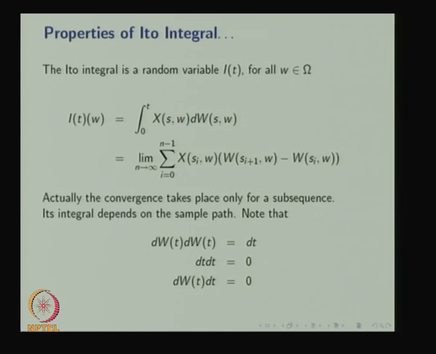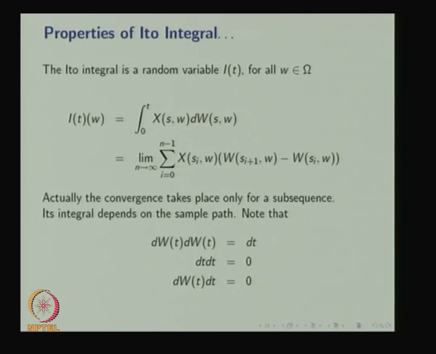The Ito integral is a random variable for all t, for all w belonging to omega. Therefore, you can write I of t of w as the limit as n tends to infinity of the summation of the value of X of s i times the difference of W's. You know that X is a random variable, and the difference of W's is also a random variable. Therefore, for fixed n, this summation from i equal to 0 to n minus 1 is a random variable, and you are finding the limit as n tends to infinity of the summation.